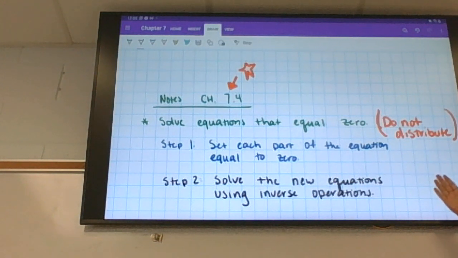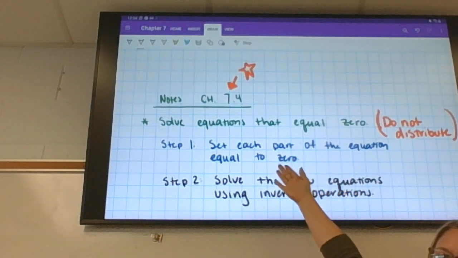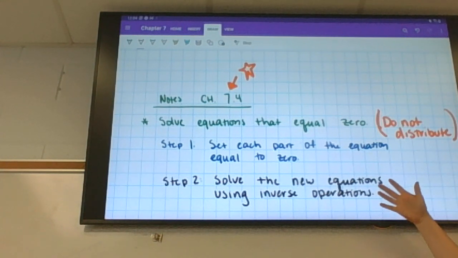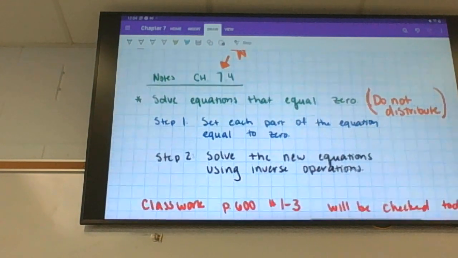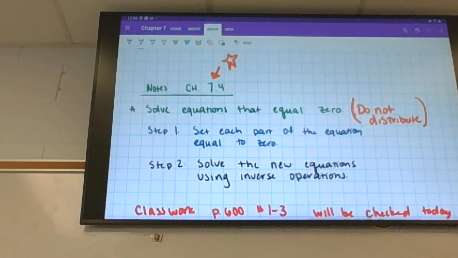What you do to solve it is you set each part of the equation equal to 0, because we're going to think about the zero product property, and then we solve the new equations using inverse operations. So these are our steps today. When you're done writing that, on page 600 we're going to use these 2 steps on numbers 1 through 3.